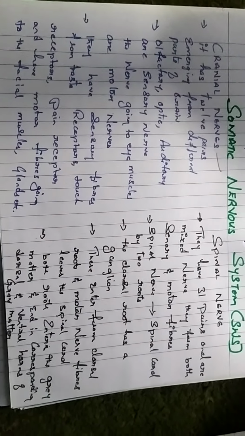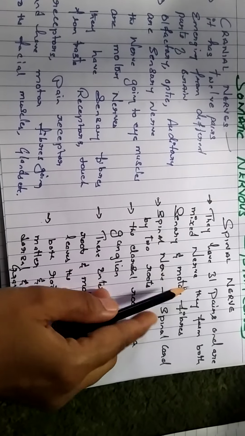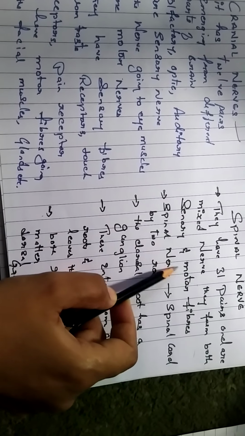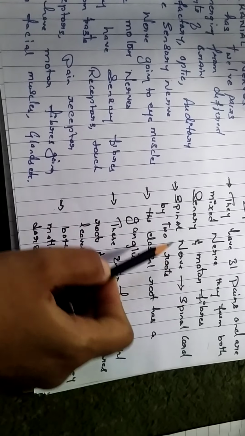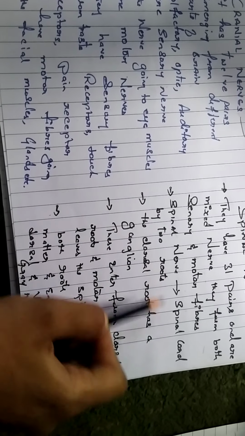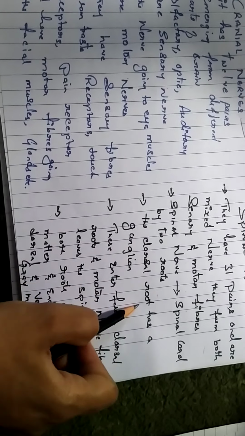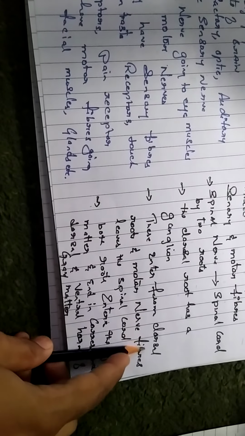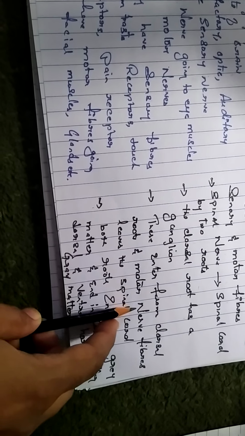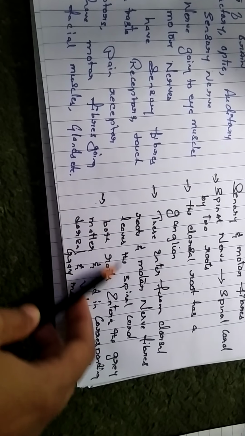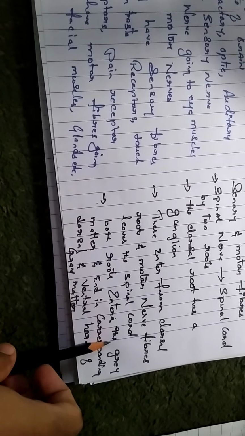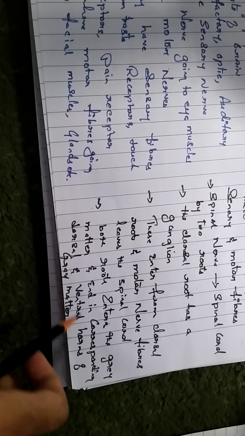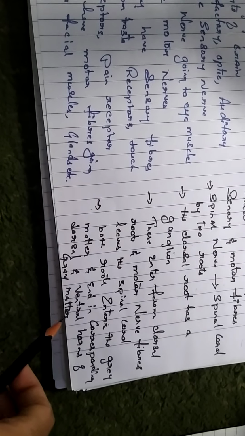Now the spinal nerves: there are totally 31 pairs and they are mixed nerves. They carry both sensory and motor fibers. Spinal nerves join the spinal cord by two roots. The dorsal root has a ganglion, and sensory fibers enter from the dorsal root while motor nerve fibers leave from the ventral root. Both roots enter the gray matter and end in the corresponding dorsal and ventral horns of the gray matter.